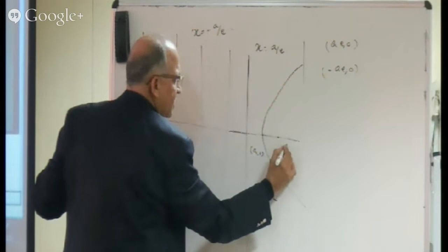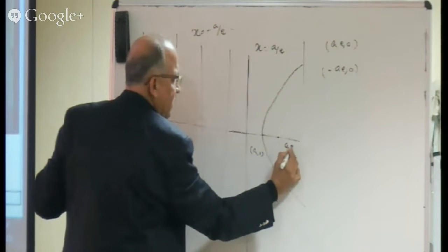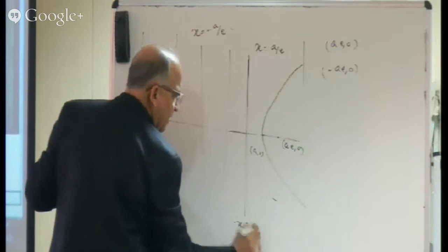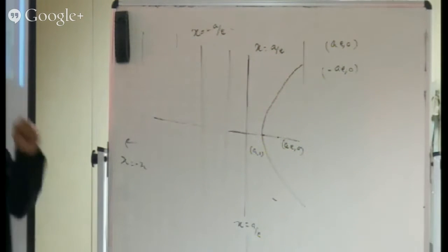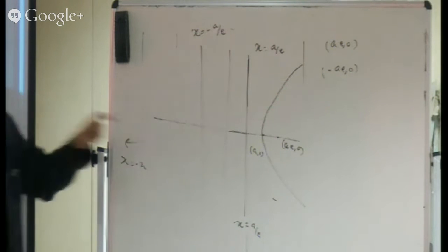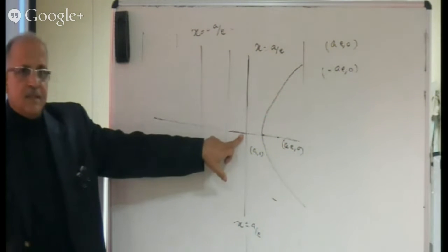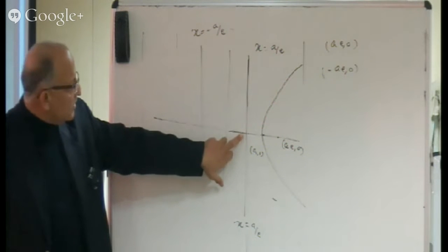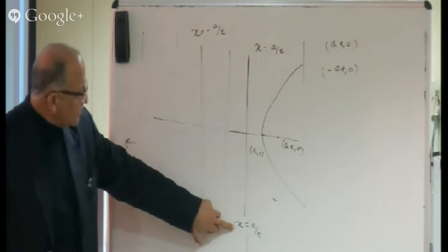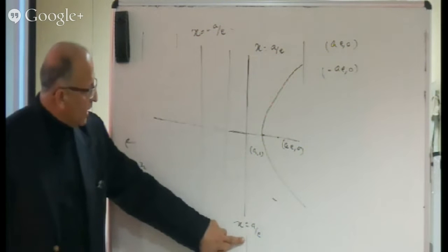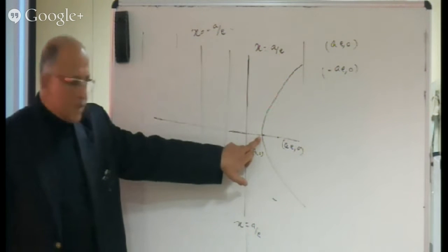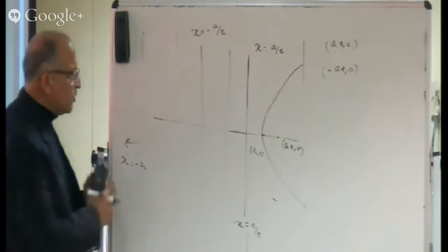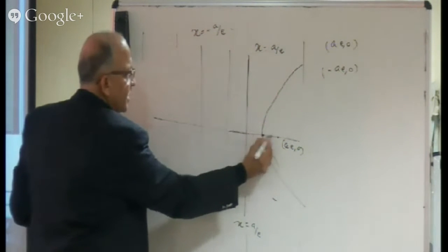This is (A E, 0). This is x is equal to A by E. This is the relationship between the directrix x equal to A by E, the vertex of the hyperbola, and the focus. So this will always lie between this and this.